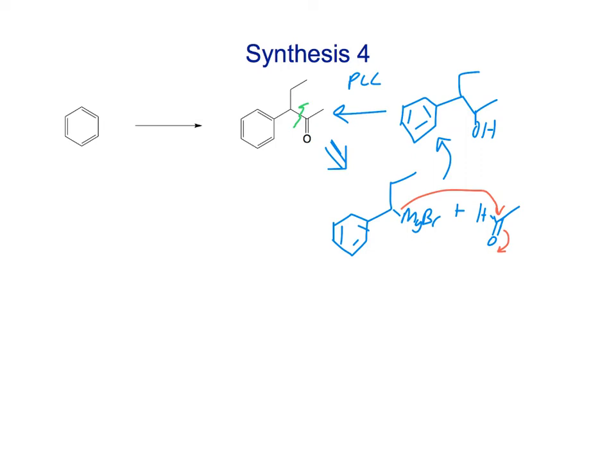What we now need to do is get from the benzene over to this Grignard. Clearly we're going to make that Grignard from a bromide, if it's the magnesium bromide, like this.